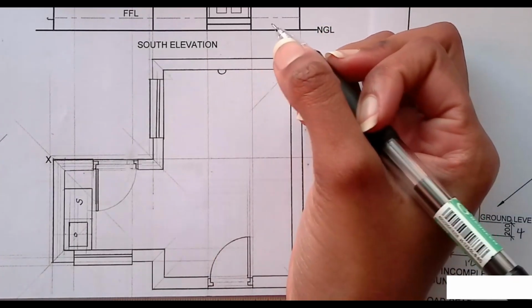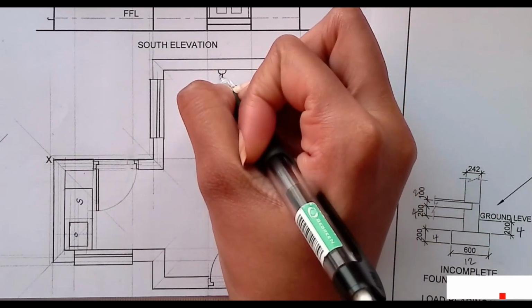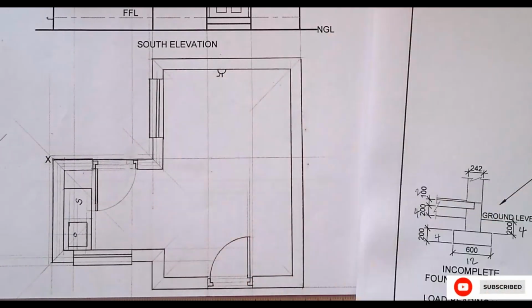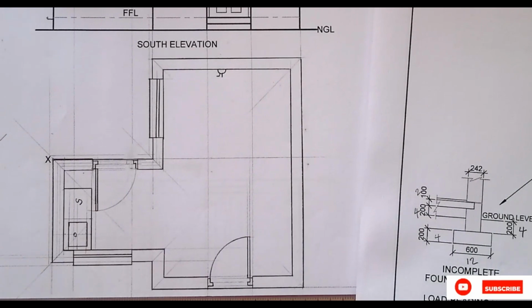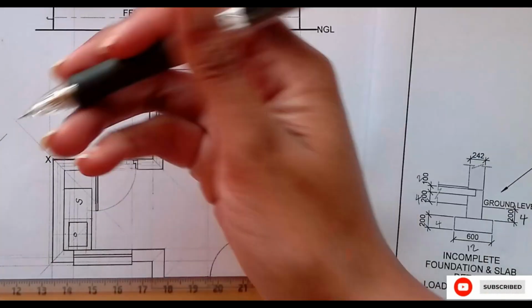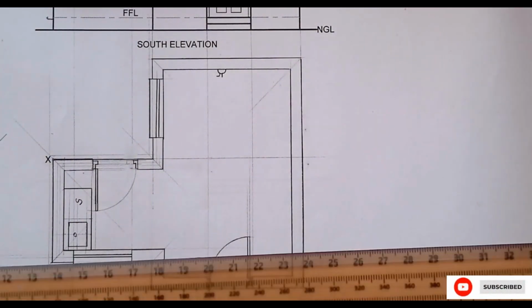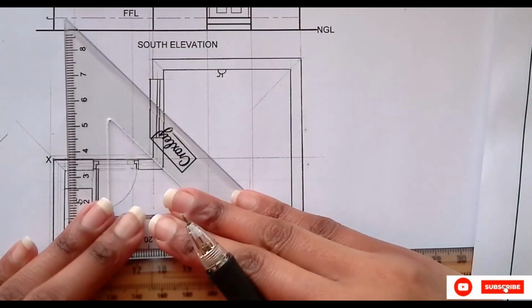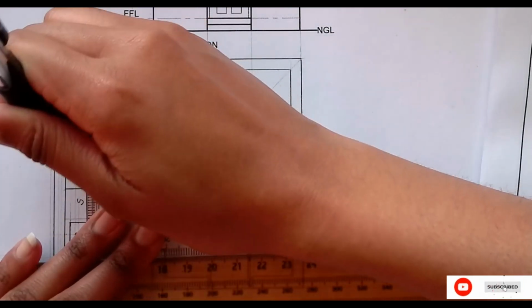And then you're going to make sure that you represent it correctly. Then we have our one here, which is a distribution board. So once again, there are no dimensions for the electrical features. So you have to ensure that you just draw them properly, not too big.